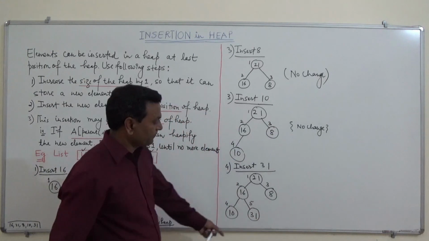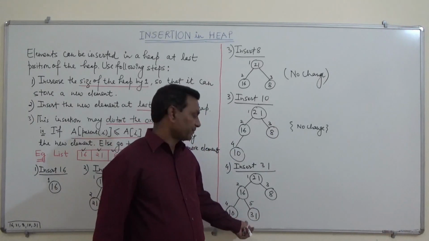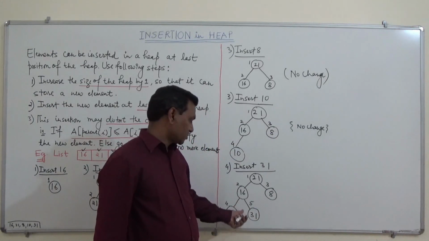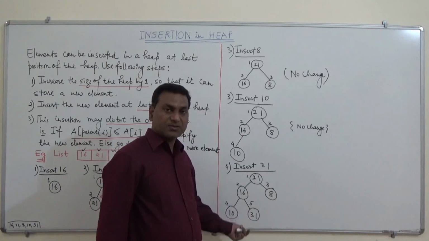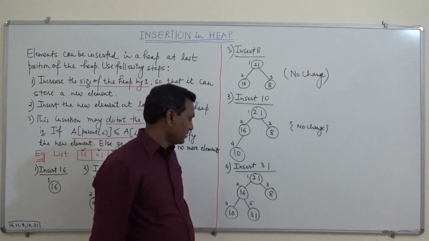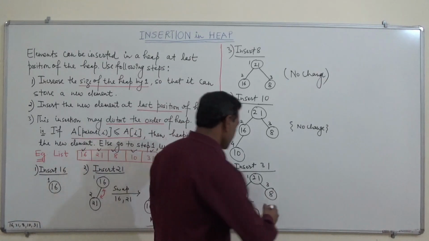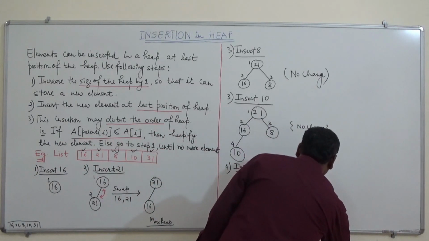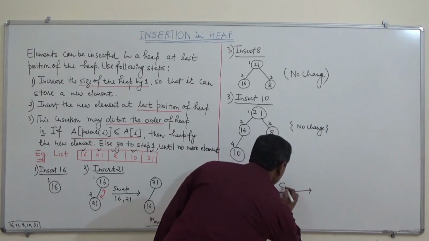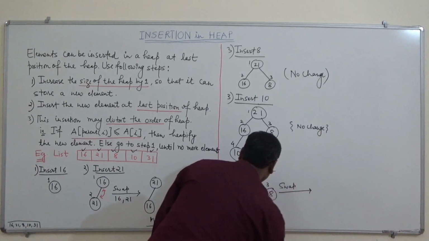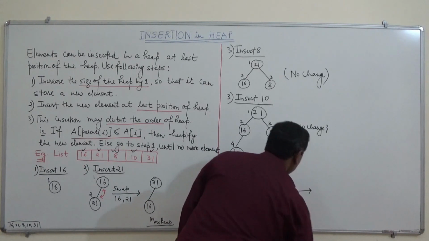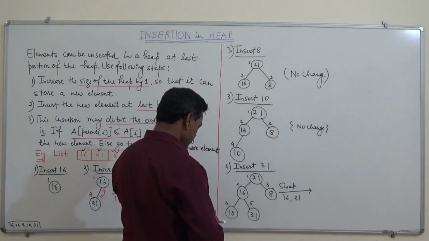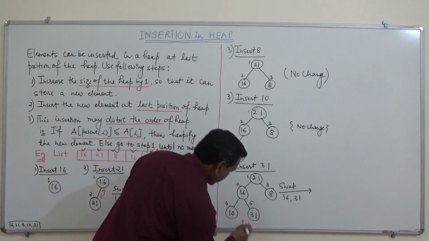Now we'll check, because this 31 is greater than its parent. So what we will do? We will interchange this to restore its heap property. We will swap 16 and 31 to restore its property.